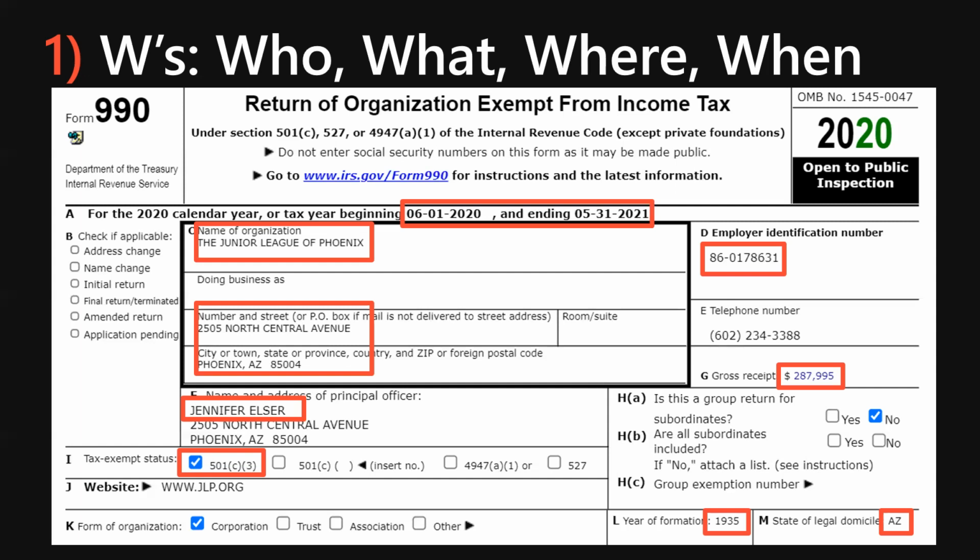Let's keep watching for how they may represent the national organization, number one, and two, who's actually reporting up through this 990. Is it the national CEO? Is it a local CEO?